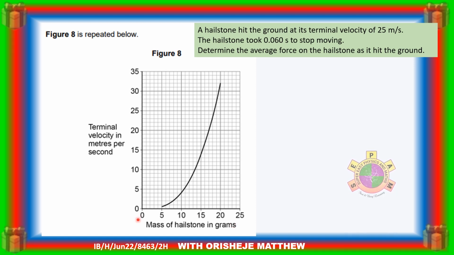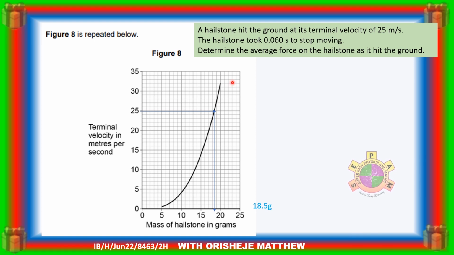So we look at the velocity at which the hailstone hits the ground, and then we look at the mass of the corresponding hailstone. If you track 25 meters per second here, let's find the mass of the corresponding hailstone.